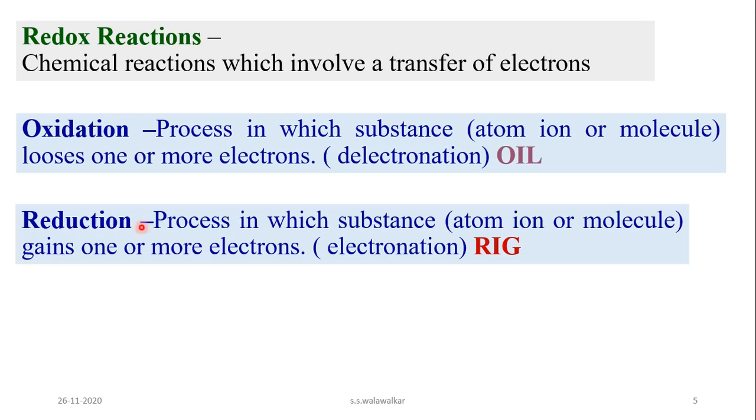And reduction means a process in which a substance gains one or more electrons. And a reducing agent is a substance which loses electrons. It itself loses electrons, so it itself undergoes oxidation. Reducing agent itself undergoes oxidation.